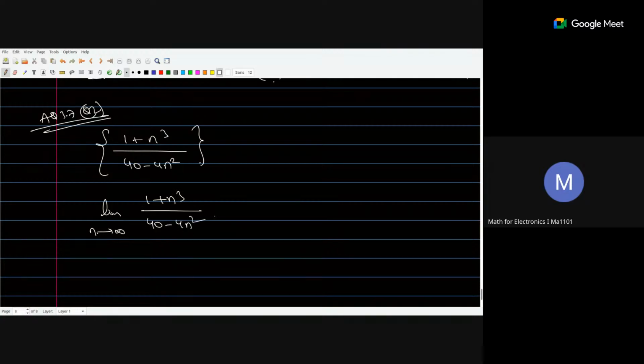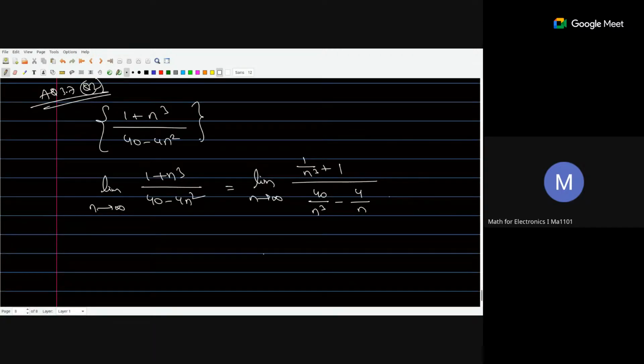For this, we were given some tricks in the lecture: you divide by the highest power. The highest power is n cube, so I have to divide by n cube in the numerator and denominator. This is what I am going to get: (1 by n cube plus 1) divided by (40 by n cube minus 4 by n), right?